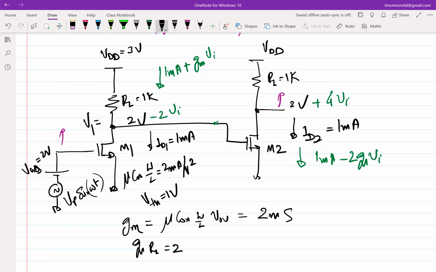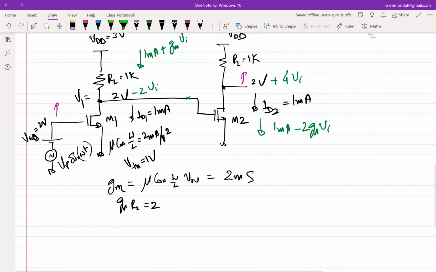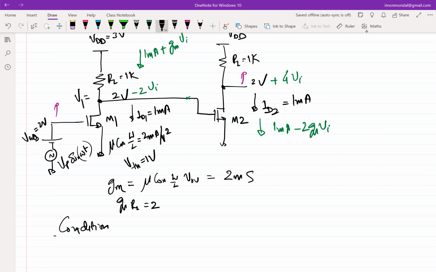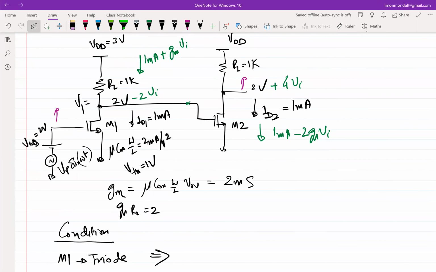So in this case, if I start with M1, what is the condition for maximum swing before M1 goes into triode? Okay, walk me through the maths.